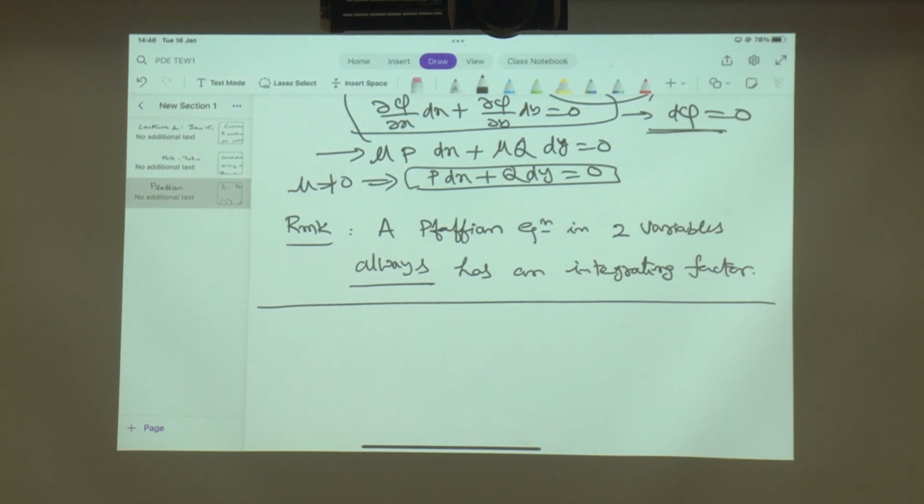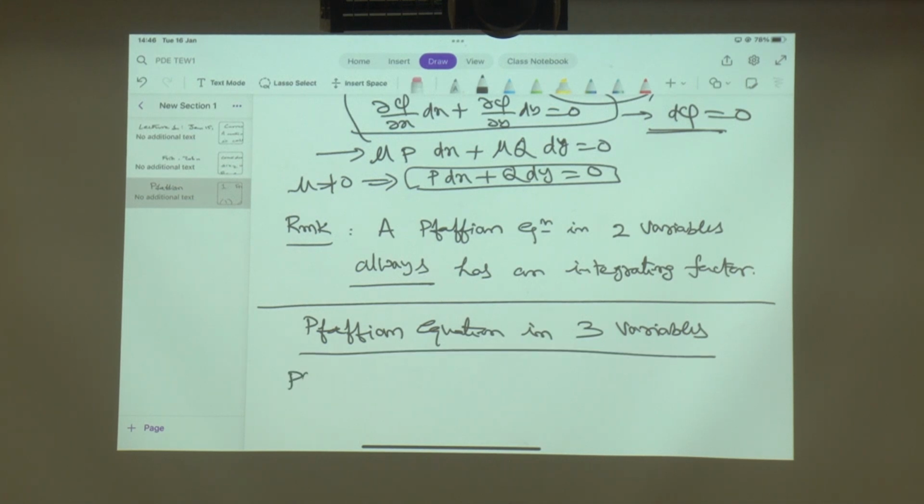So now we ask the same question for three variables. Pfaffian equation in three variables. They look like this: p(x,y,z) dx plus q(x,y,z) dy plus r(x,y,z) dz equal to 0.